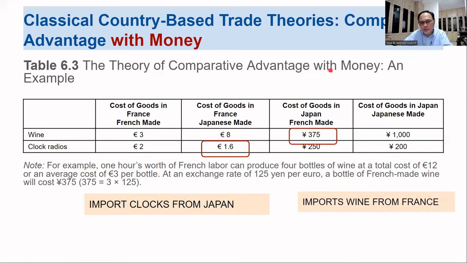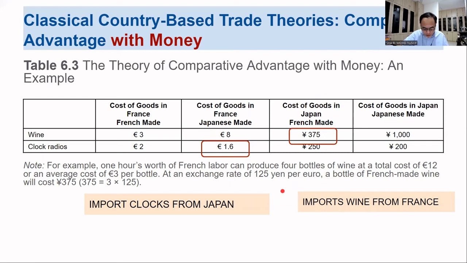So the theory of comparative advantage, with this illustration of including money, actually proves that. Any questions? For example, Malaysia exports palm oil because it's comparatively more advantageous, and we buy some other machinery equipment using those monetary gains.